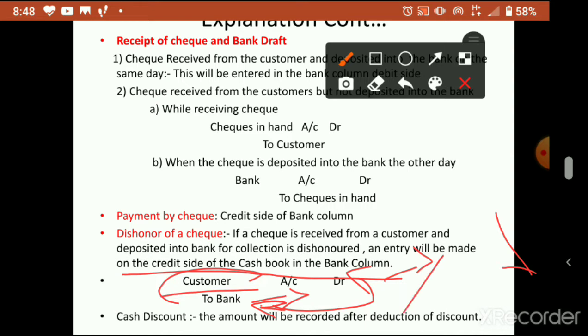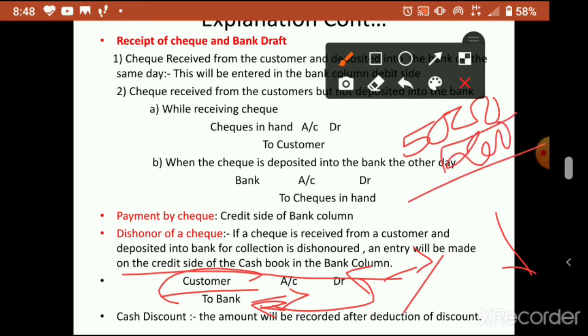Now cash discount. If cash discount is there in the question, the amount will be recorded after deduction of cash discount. Suppose they are saying sold goods for 5,000, cash discount 200, then don't record this 200, because the discount column is not there in the cash book, only cash and bank columns are there. So directly you have to minus 200.